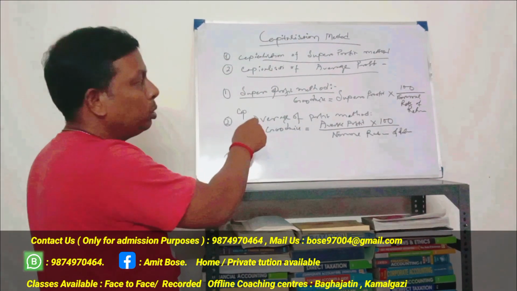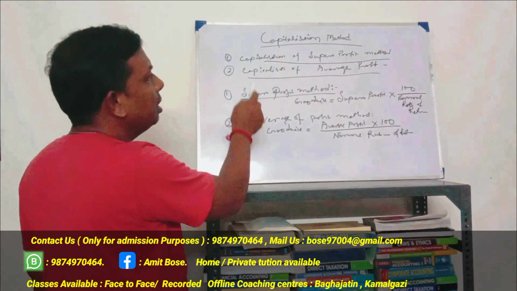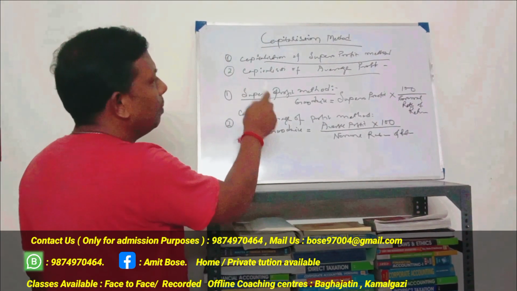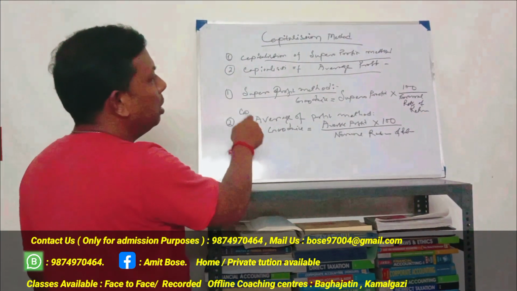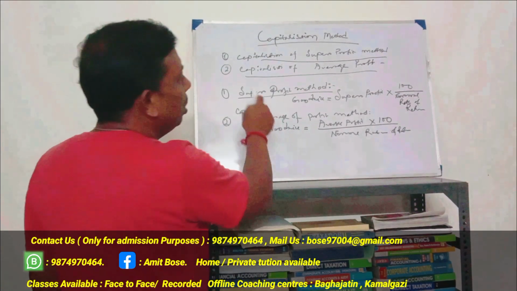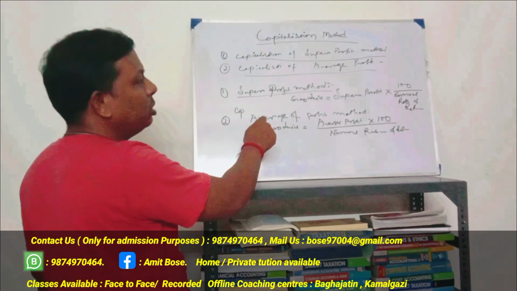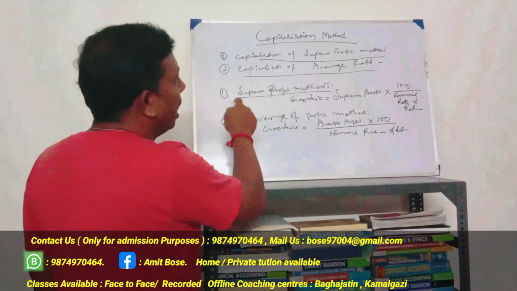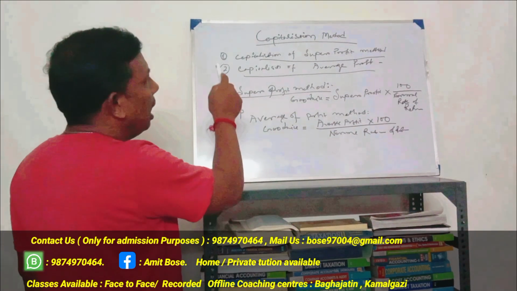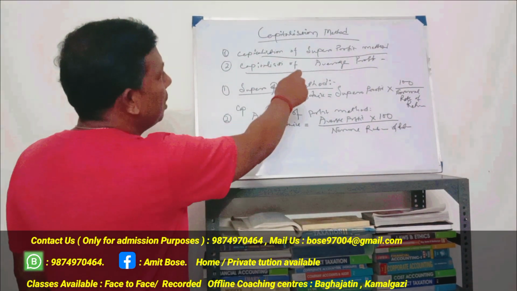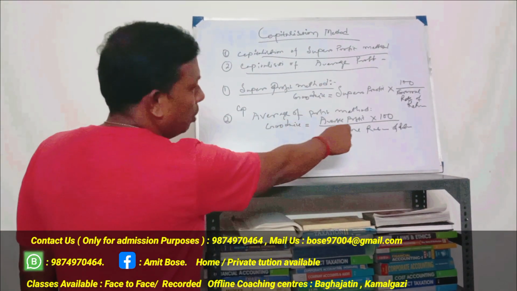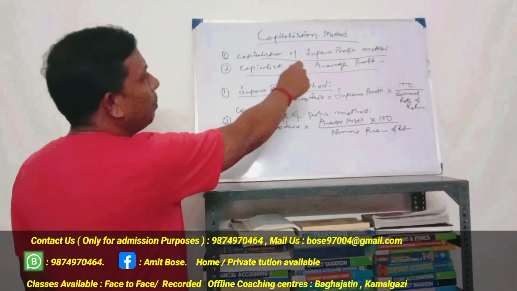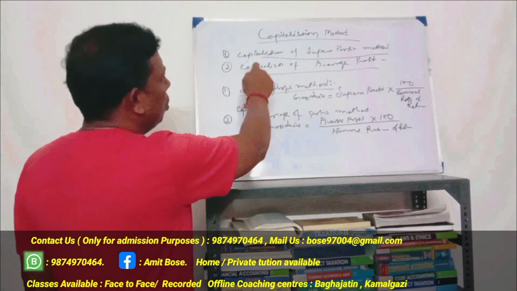This is the last method. In previous classes we discussed the other two methods: average profit, simple average, weighted average, and also the super profit method. And number three is valuation of goodwill under the capitalization method.